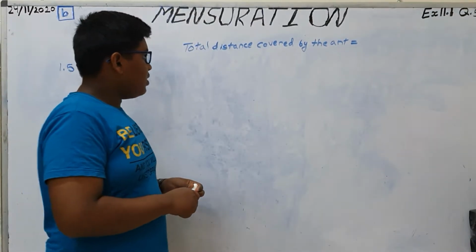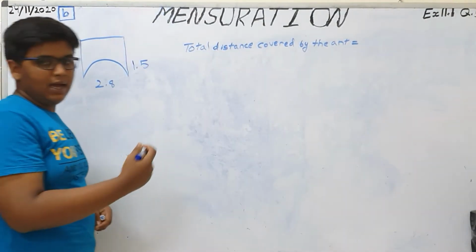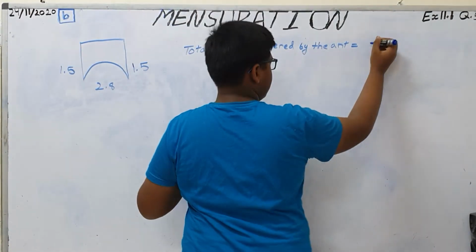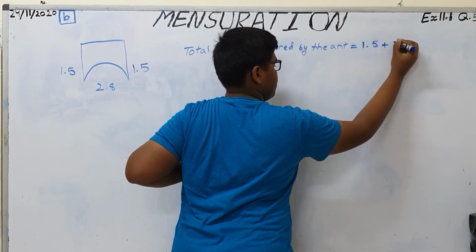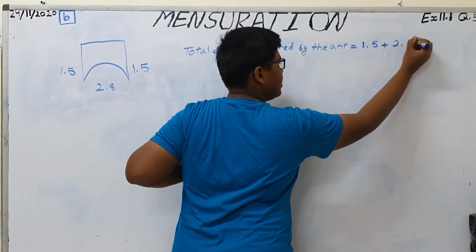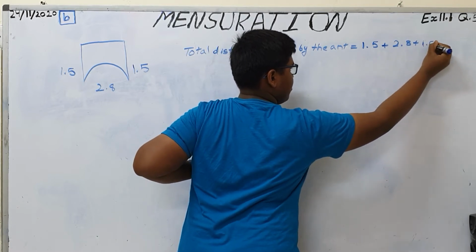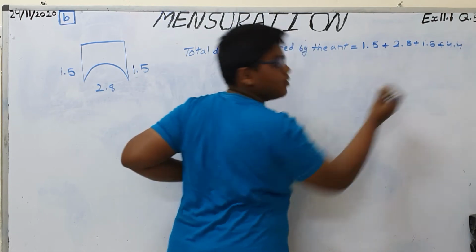Now what we have to do is add all these sides, which is equal to 1.5 plus 2.8 plus 1 plus 1.5 plus 4.4.